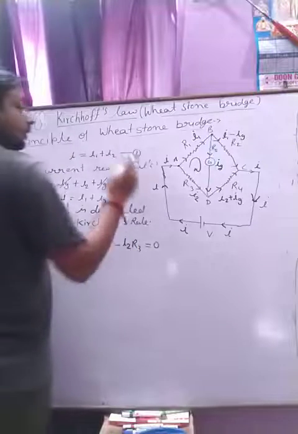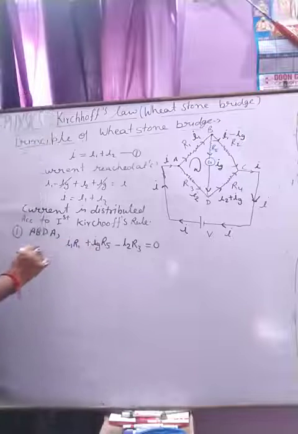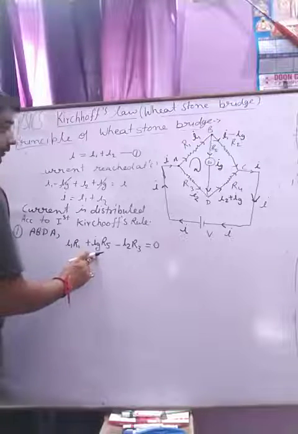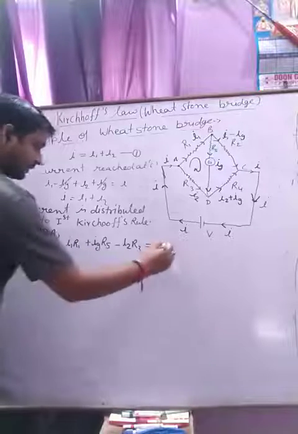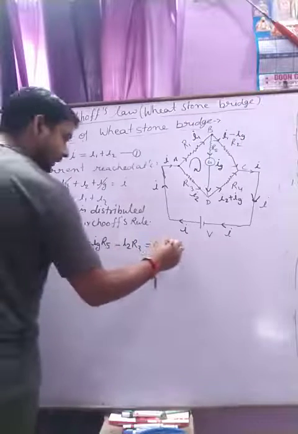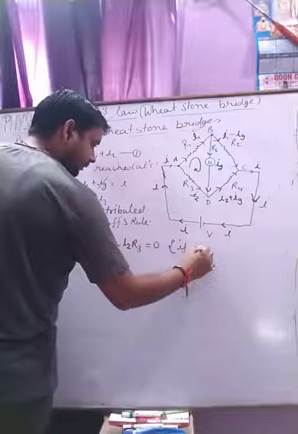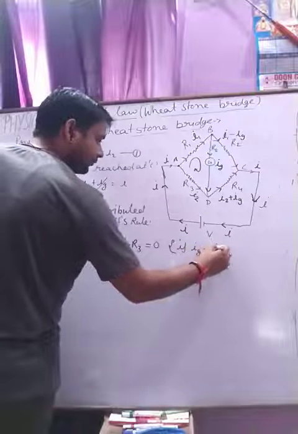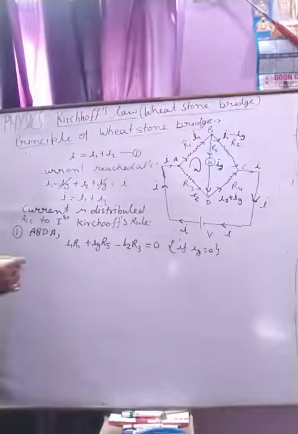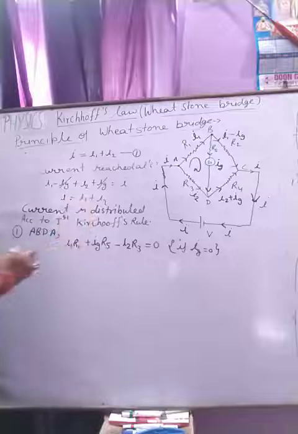Now, here we will apply a condition, students. If Ig equal to 0, because we are calculating the balancing condition for the bridge. Therefore Ig equal to 0.